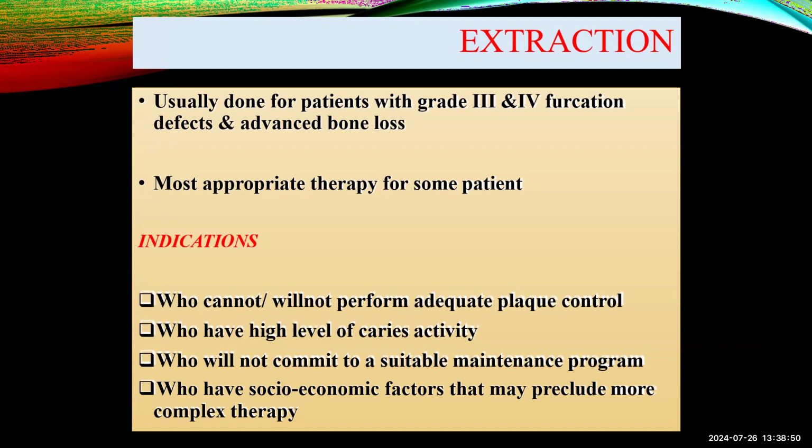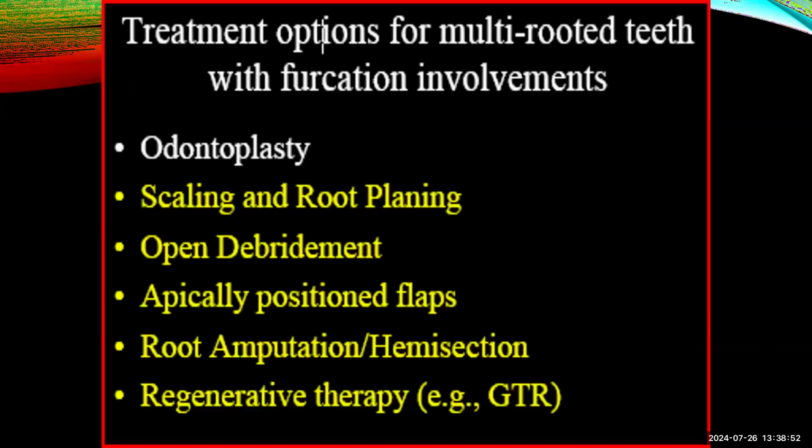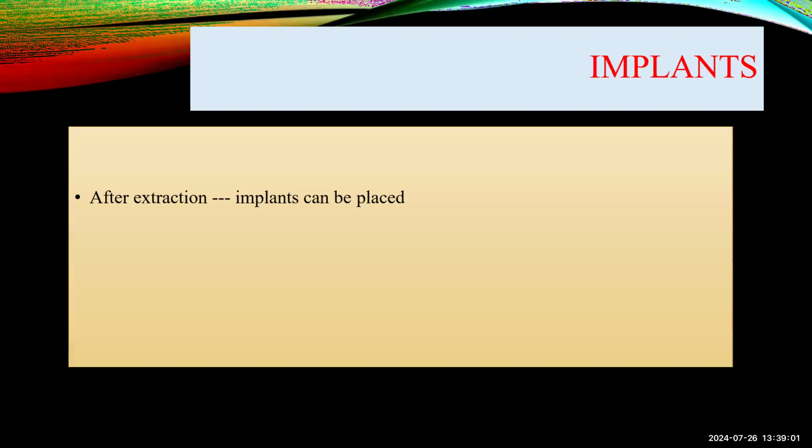In such cases, we go for extraction of teeth. So these are the basic treatment options, as I've discussed, for multi-rooted teeth with furcation involvement. Of course, after extraction, we have to consider prosthetic rehabilitation options. Implants can be considered, or we can even go for fixed partial dentures, but implants are the best treatment option.